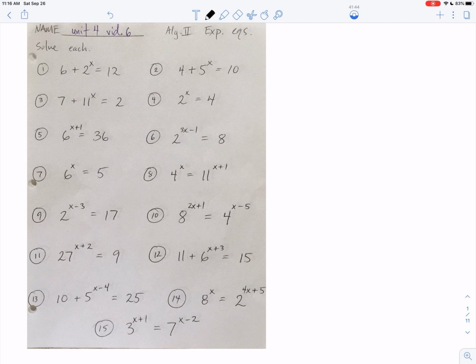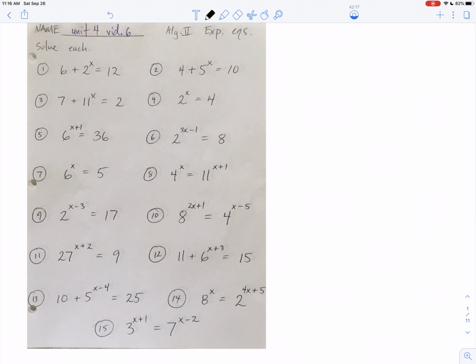But you don't have to use a logarithm to solve 4. You only have to use logarithms to solve problems where you cannot get the bases to be equivalent to each other. The most difficult question on this sheet is 15. The second most difficult question, well, it depends on how you view it, is 8.